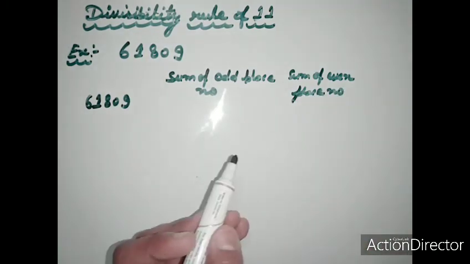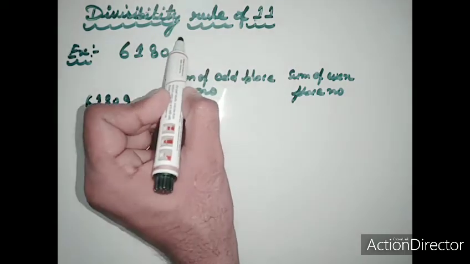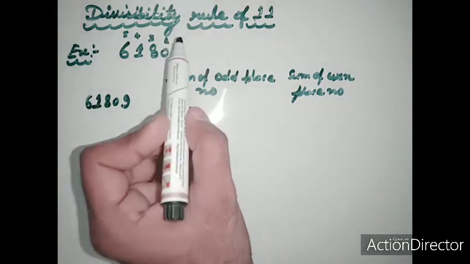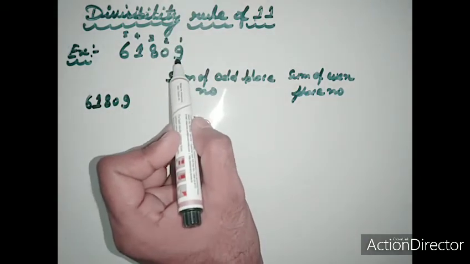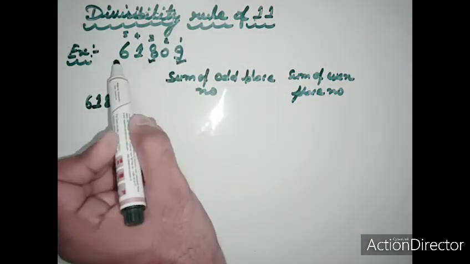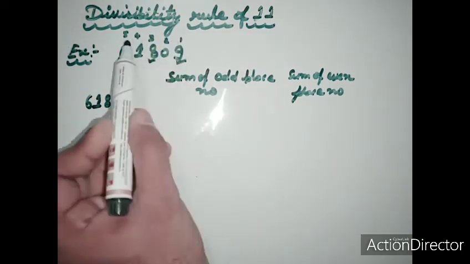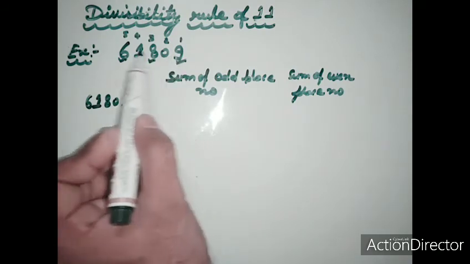Now what are the even and odd places? Here if we write 1, 2, 3, 4, 5, the numbers under 1, 3 and 5 are under odd places, so we say that these are the odd places numbers.